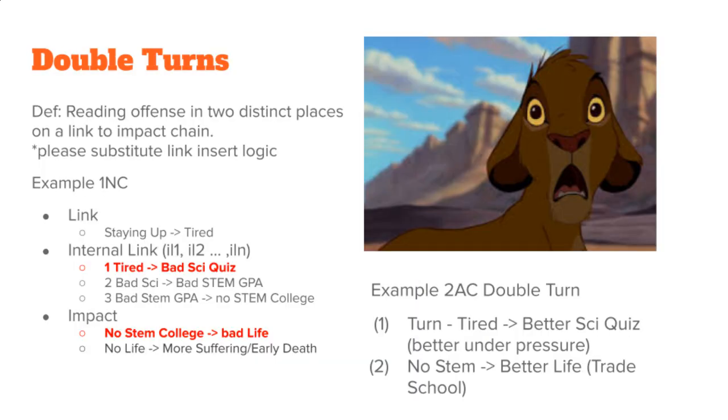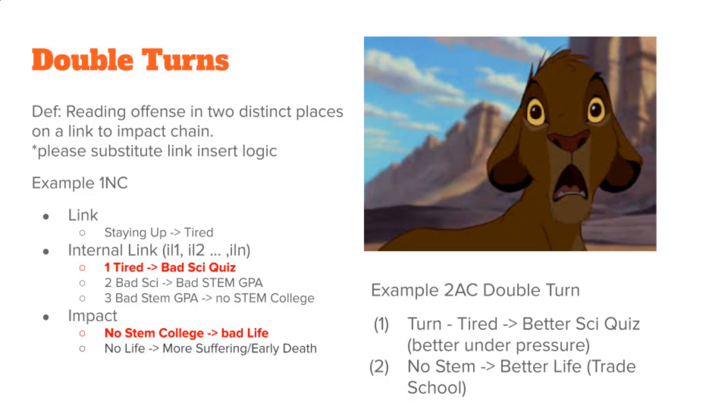Last big part is double turns. So this is one that is super important. It happens all the time in novice debate, a double turn. So we talked about what a turn is, right? So you have a link turn, an internal link turn, an impact turn.